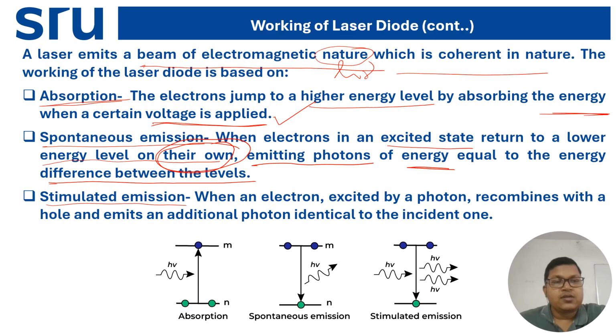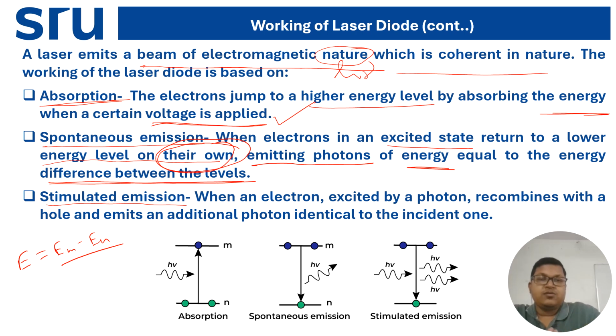If it is going from, say, E2 to E1, the energy of emission will be E2 minus E1. So the main thing to remember is that they are going on their own wish. We are not forcing them to go.